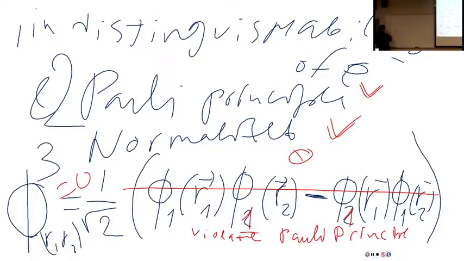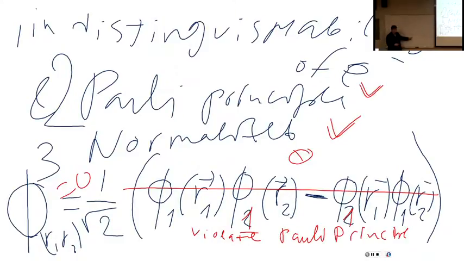So let's just make an experiment. Phi 1, phi 2, in positions R1, R2, minus phi 1 R2, phi 2 R1.